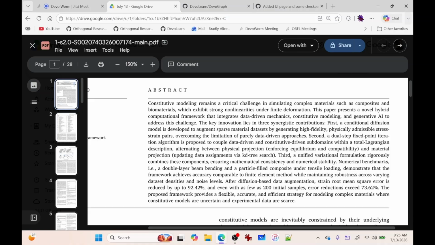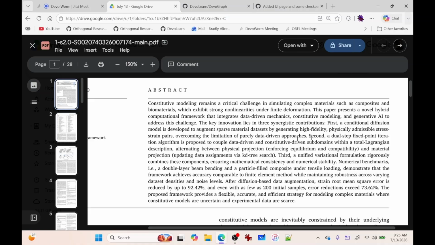So they want to find elements in the network, overcoming the limitation of purely data driven approaches. I guess this allows us to sample the space more completely, but also be sparse in the approach. If we're collecting data from the world, sometimes it's noisy. Sometimes you have very large datasets with very little information in them.